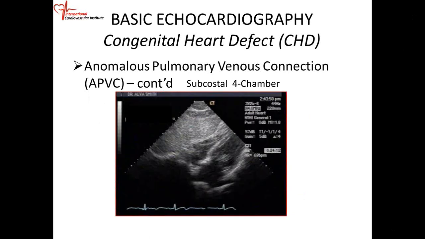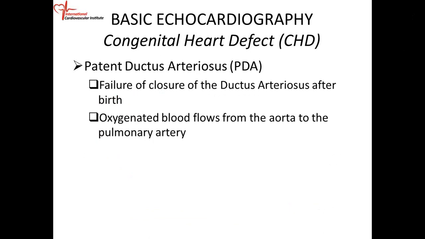And with the subcostal view, you can see it again. So try and identify these pulmonary veins. If you don't see it on your transthoracic, that's an indication for transesophageal.